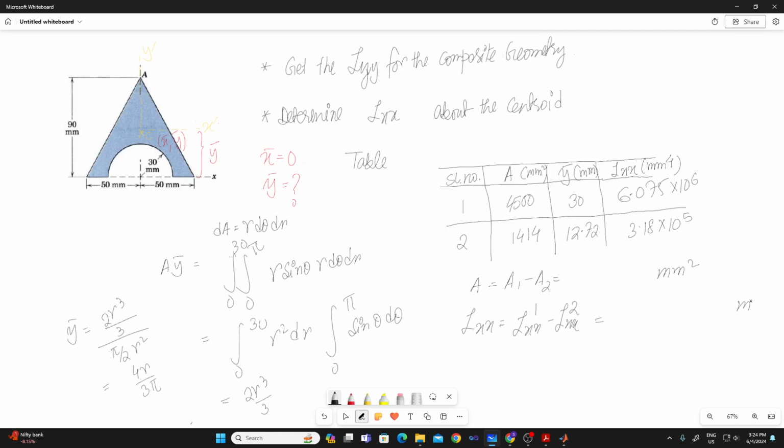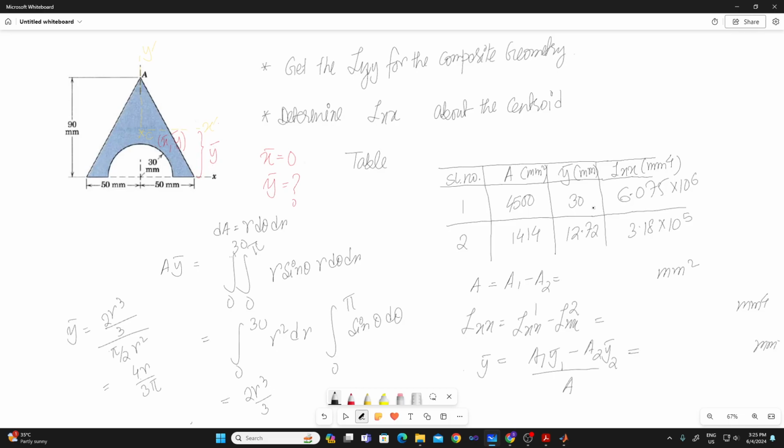And then A times y bar is A1 times y1 bar minus A2 times y2 bar. This quantity is also required, so evaluate it. Or in other words, you can divide both sides by the total area, and that will give you the y coordinate of the total area.